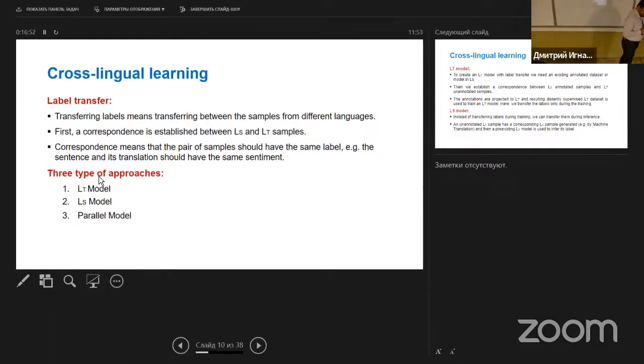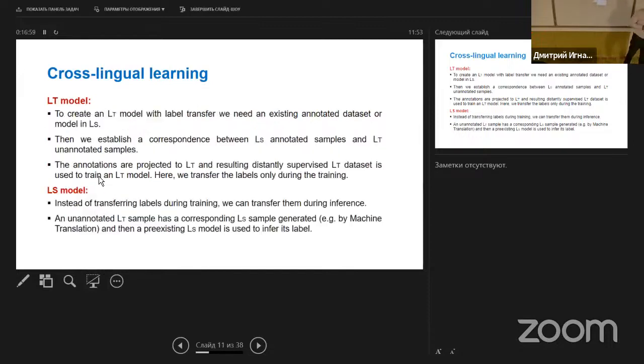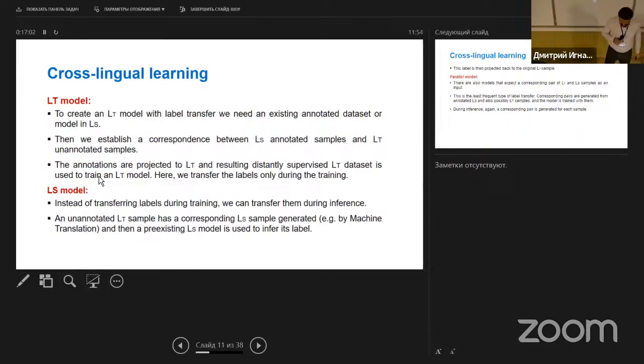There are three subtypes of label transfer: the LT model, the LS model, and the parallel model. In these three approaches, the basic methodology is establishing correspondence between the source language instances and the target language instances, but there are differences also. For the LT model, first of all we need an existing annotated data set in the source language.